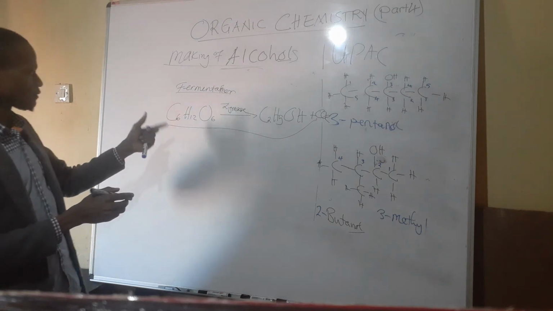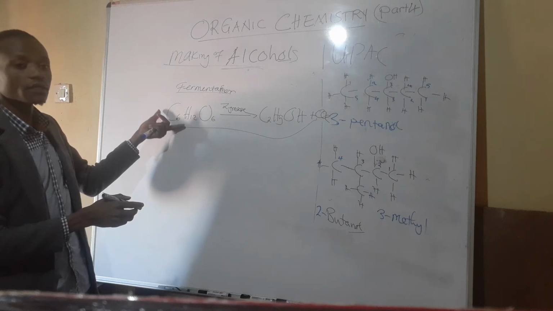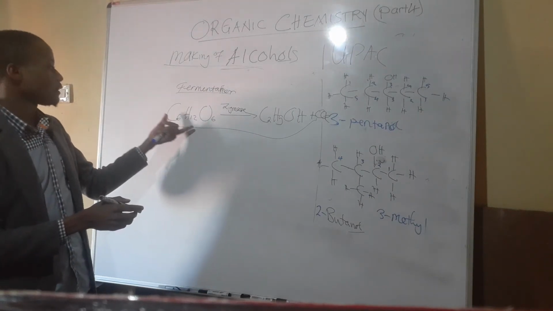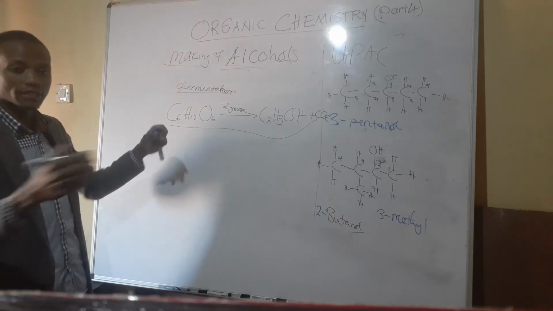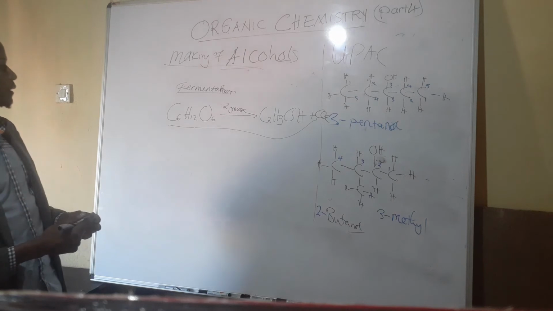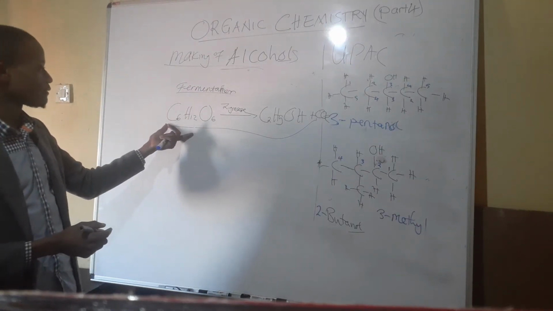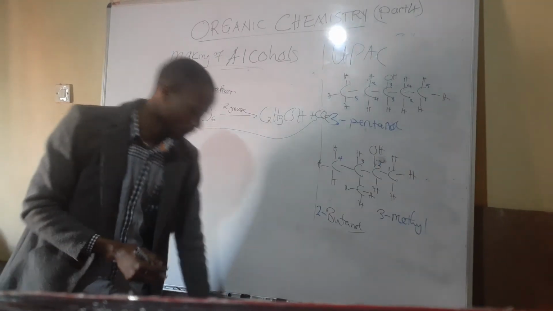When they're asking questions, sometimes they can specify to write the equation for the industrial preparation of alcohol. This is the industrial method used to make alcohol in large quantities. So this is the fermentation of carbohydrates to form an alcohol, specifically ethanol.